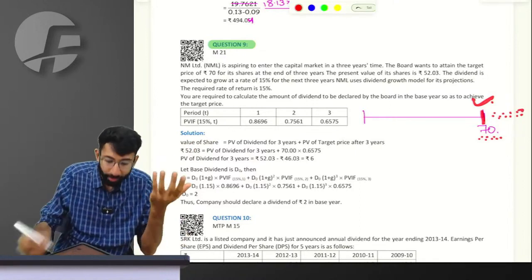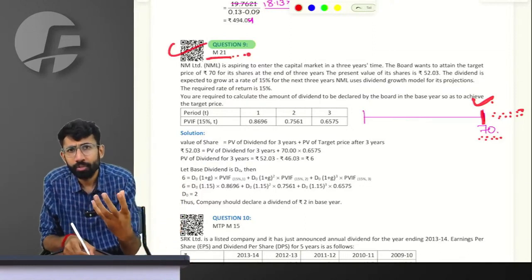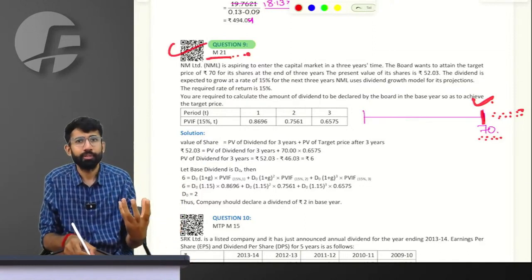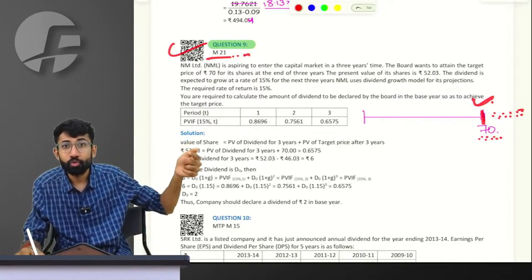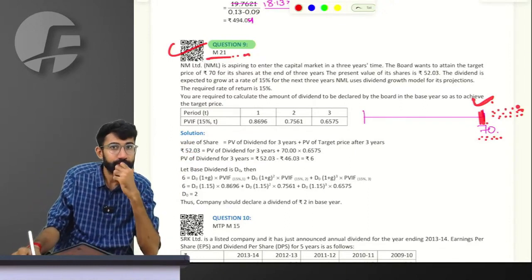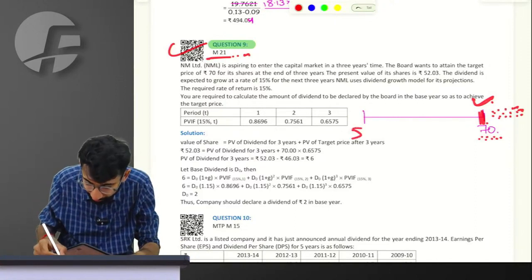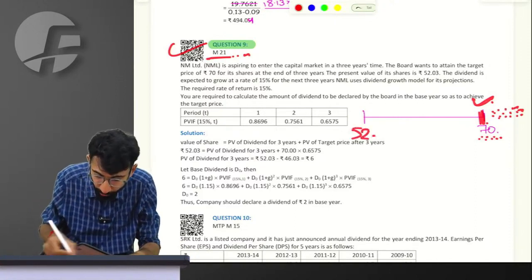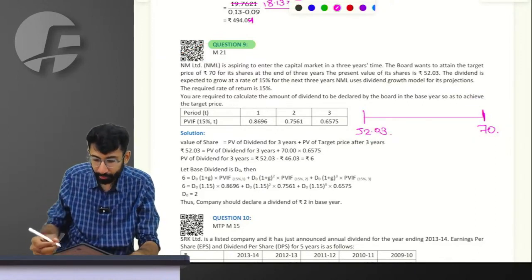When I saw this question in May 21 for the first time, I found it uncomfortable. I thought the value of a share at any given point depends on the future cash flows, so if the price should be 70, the examiner should give us future dividends. It has not. Then what has it given? It says that right now the price is 52.03. We said fine.